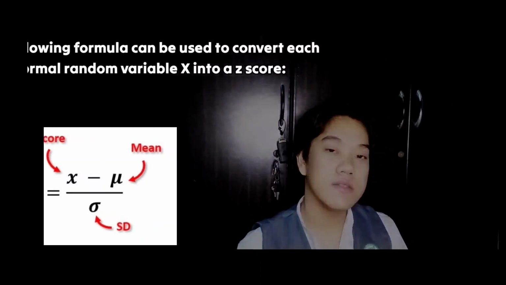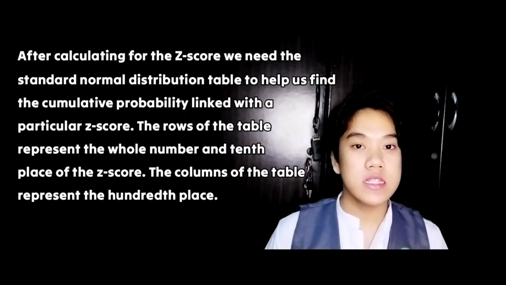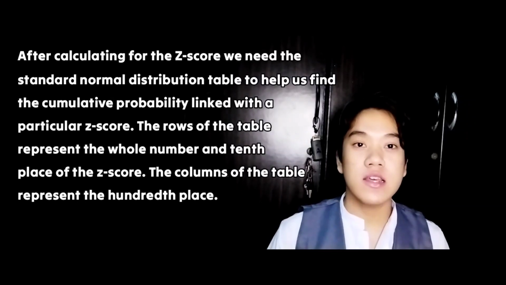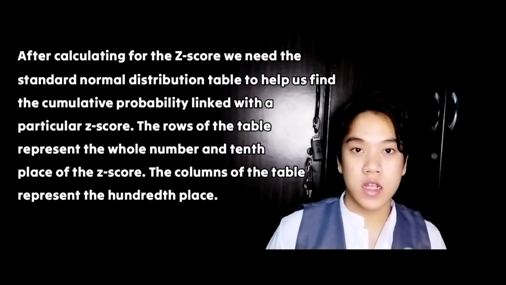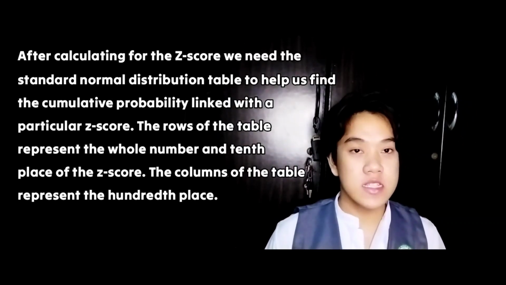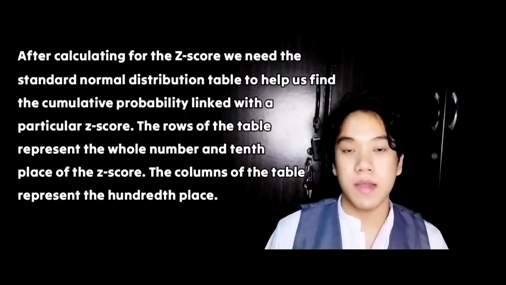standard deviation. After calculating the z-score, we need the standard normal distribution table to help us find the cumulative probability linked with our particular z-score. The rows of the table represent the whole number and tenths place of the z-score, while the columns of the table represent the hundredths place. Say that we got the z-score of 1.25.